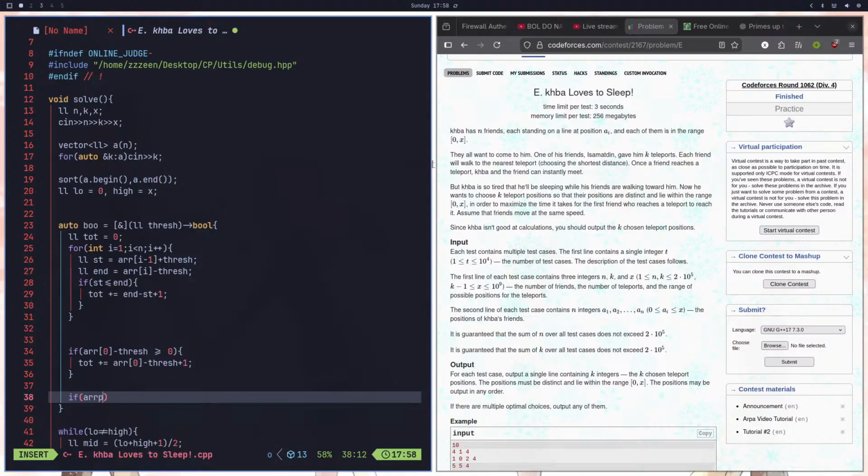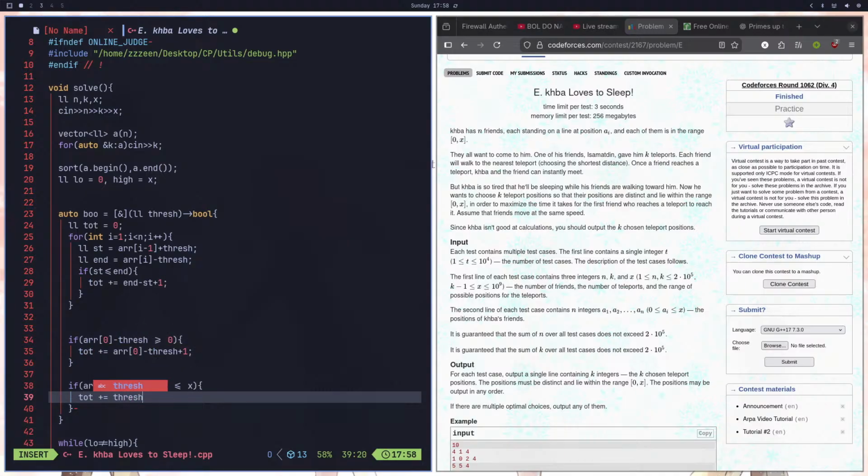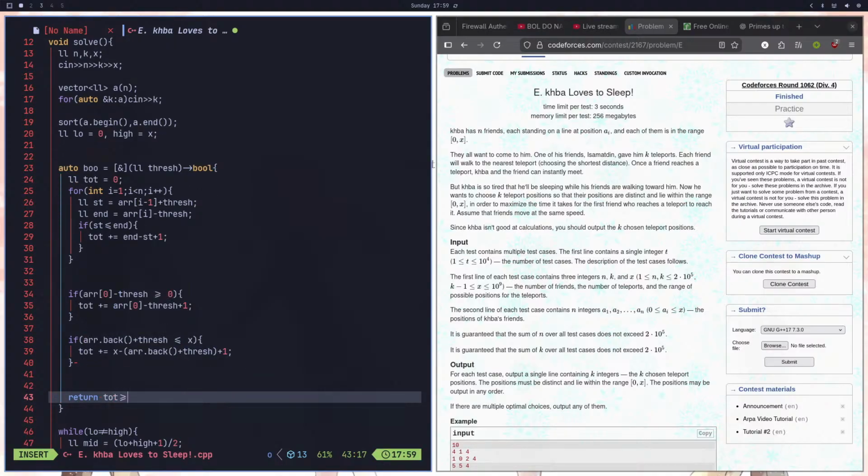If array back plus thresh is less than or equal to x, plus equal to thresh, x is back, and total is returning equal to. Okay.